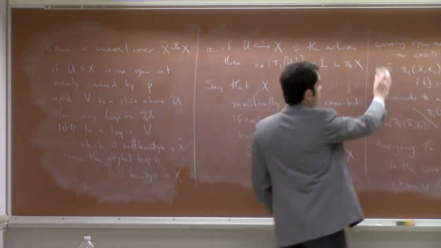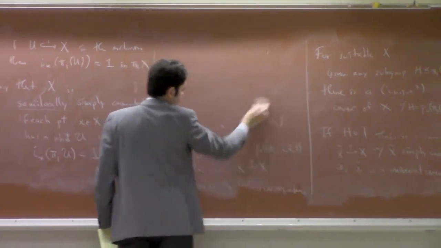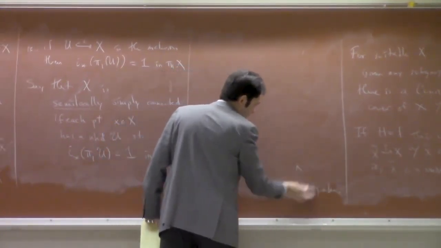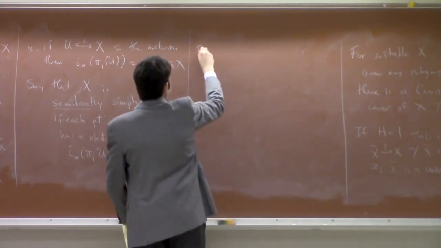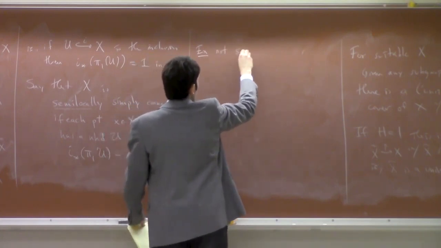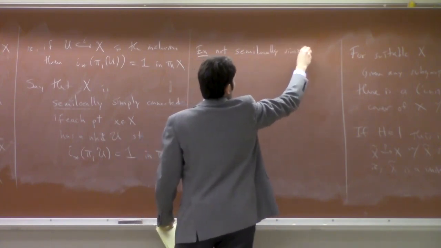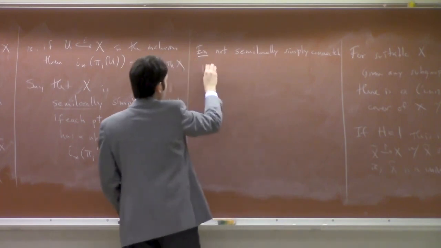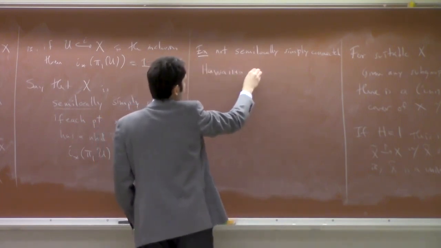Not every space is semi-locally simply connected. But nice spaces are. An example of a space that is not semi-locally simply connected is a space known as the Hawaiian earring.